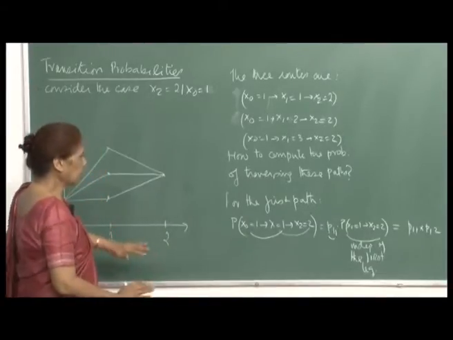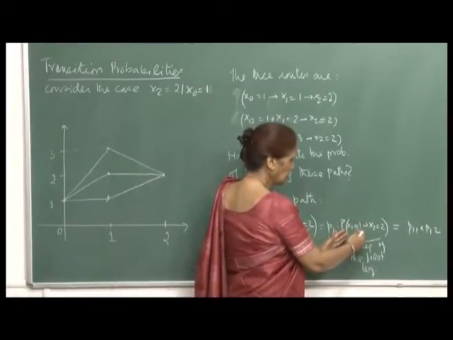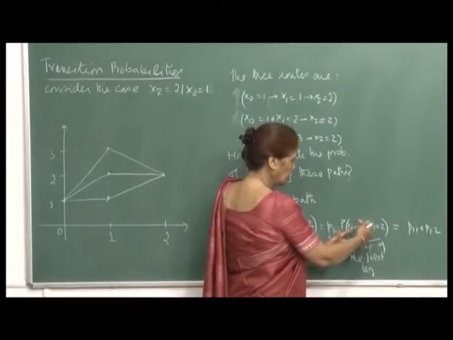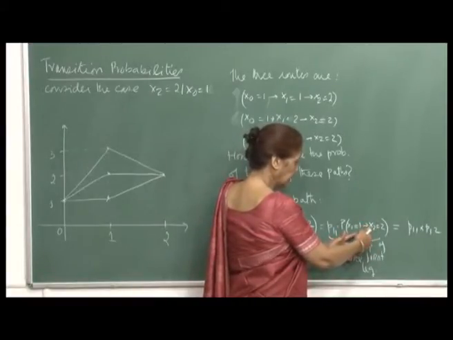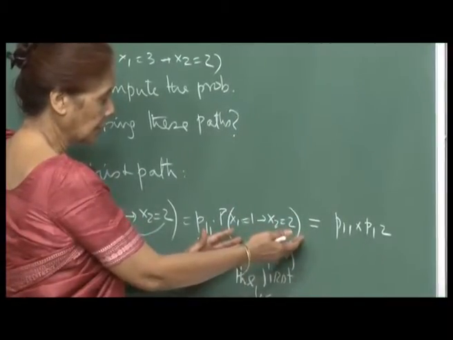Okay. It is clear that, as I said, the past history is not required for computing the transition probabilities. So, here it is where you are currently and where you want to transition. This is the only thing that we need to compute the probability.